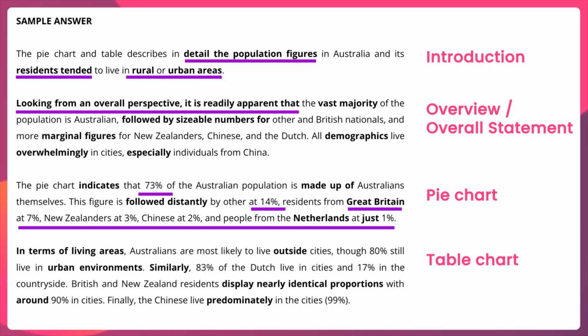The fourth paragraph explains in detail about the table chart, which does not include the other nationalities. You can definitely underline or make a note of different phrases explained in this particular answer, and you can also use these phrases in the explanation of your example task.